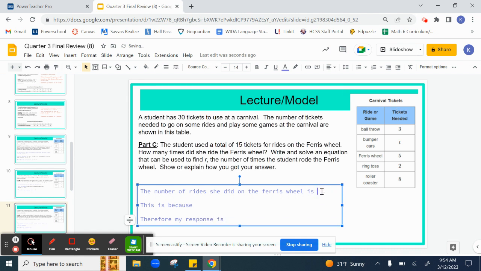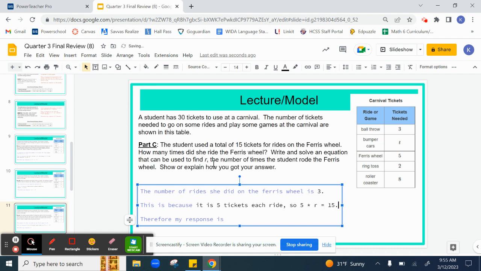All right, so the number of rides she did on the Ferris wheel is, and I'm going to say 3. This is because it is 5 tickets each ride. So 5 times r equals 15.